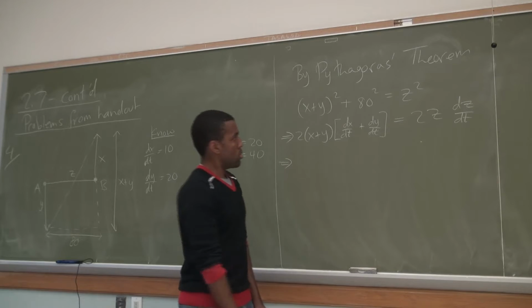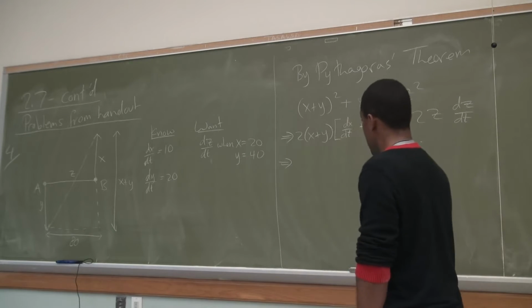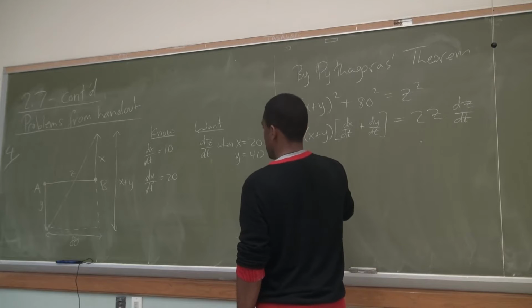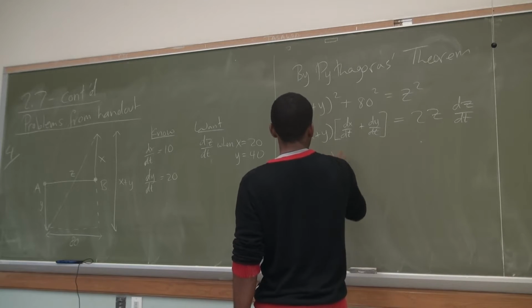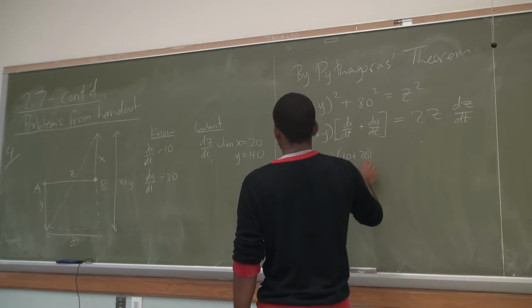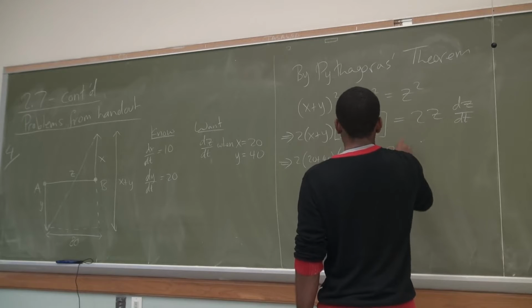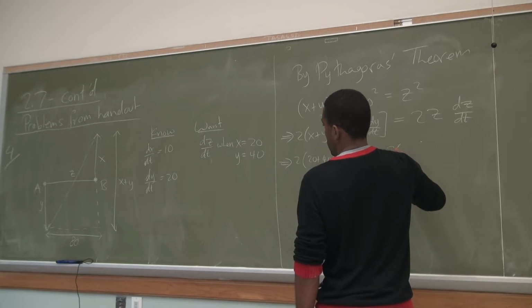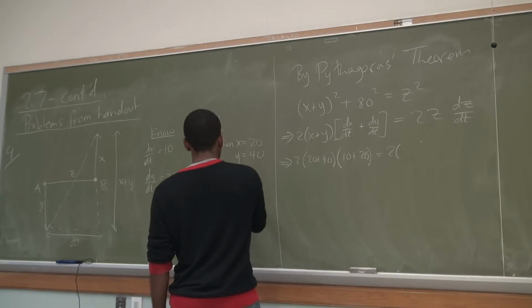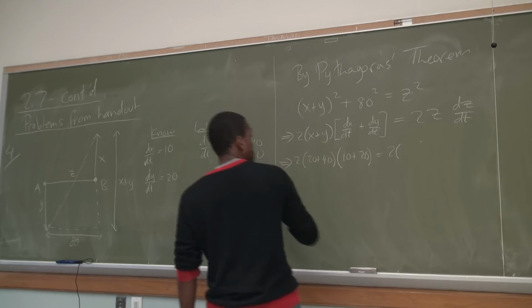And now we knew everything, so we're just going to plug them in. X was 20, y was 40, dx was 10, dy was 20, z was, what was z? 100.